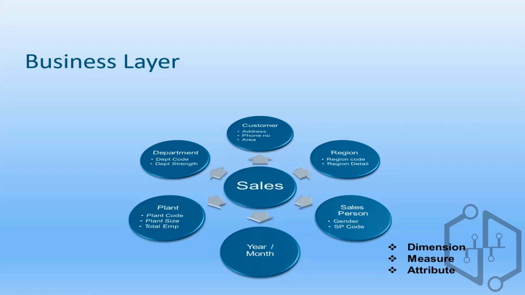What is the profit? These all come under measure. So dimension is text data like salesperson, region and all. Measure is a main KPI, I mean, sales amount, net profit, all these numerical data come under measure. Attribute is like a detailed level of character data.